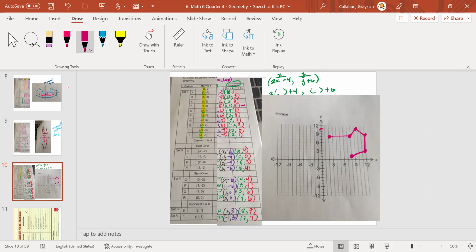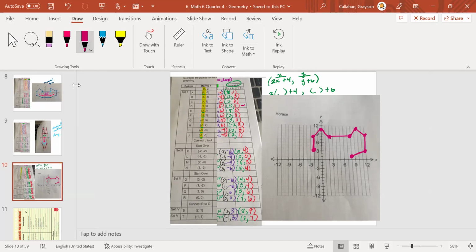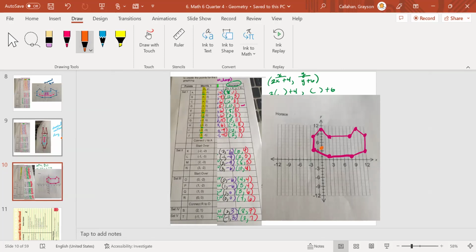0, 11. Next one. What is it? Negative 2, 8. Next one. Negative 2, 3. Next one. 2 and positive 1. Okay, next one. Oh, that just connects. 0 and 4. Okay, next one. 8 and 3.